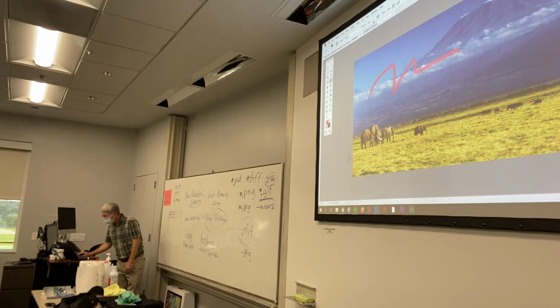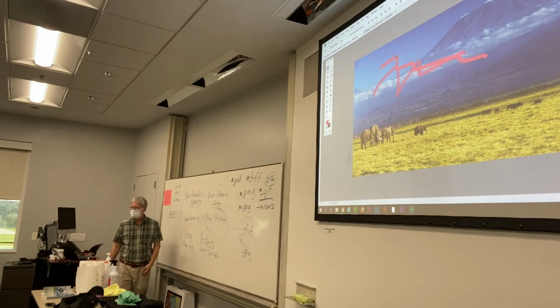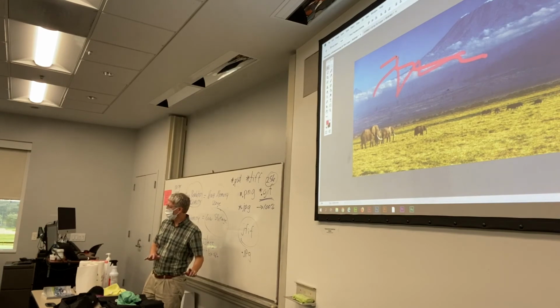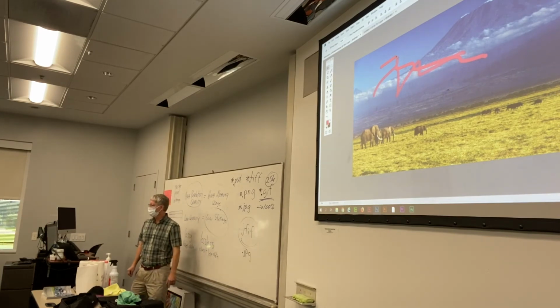I guess, oh no, it's not. It's at 80%. Okay, so there we go. Now that's on a separate layer. See, that's a big deal about Photoshop. I can move that around on here. So we'll talk about that, we'll work with that, we won't do that right now. But that's some of the kind of thing we're going to work with in Photoshop.